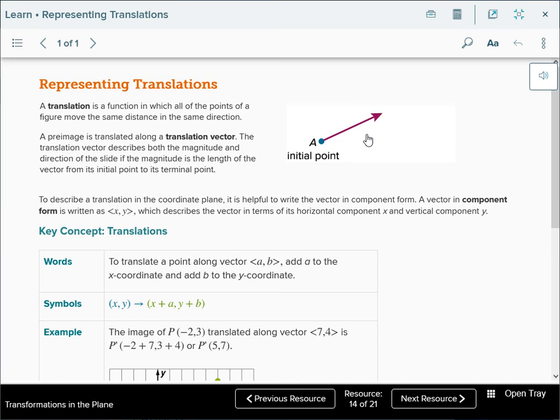I skipped over the check. With the translation, I'll give you a few more minutes because we got to make sure that you understand this. Several different ways to write a translation. You got to know the different ways, and sometimes students seem to get confused by them.